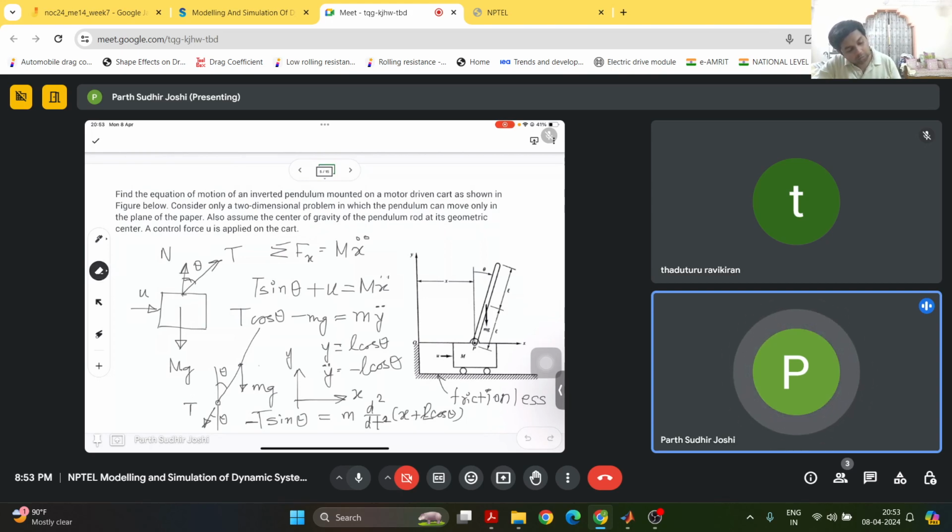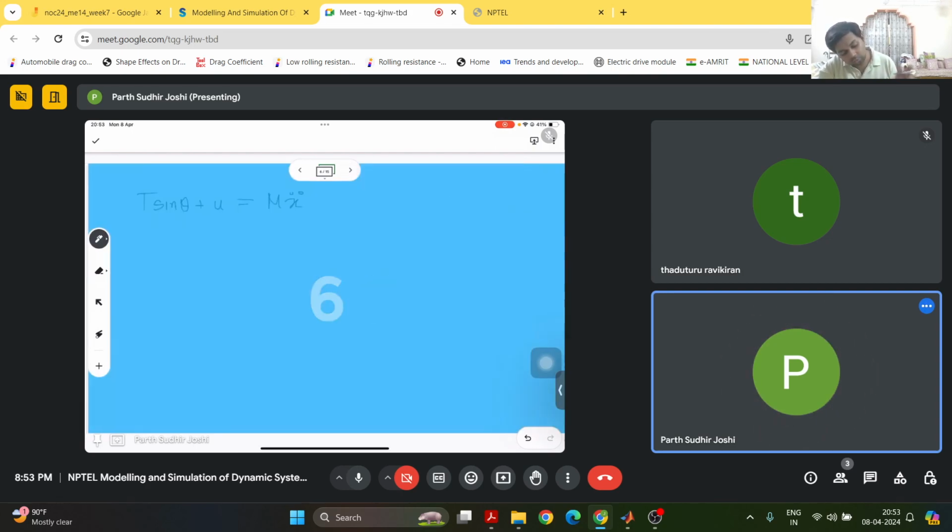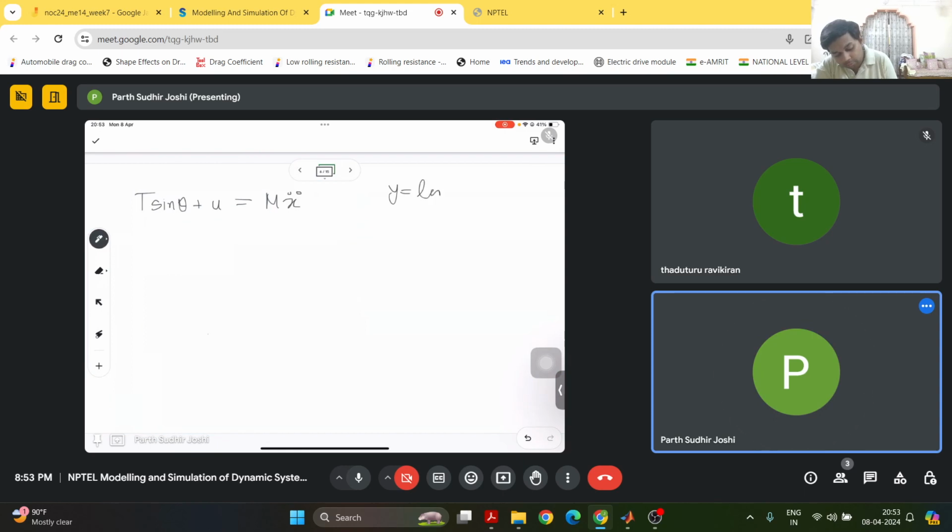So this is actually not correct. So y is equal to L cos theta. Y dot will be minus L sin theta theta dot, and y double dot will be minus L cos theta theta dot square minus L sin theta theta double dot.